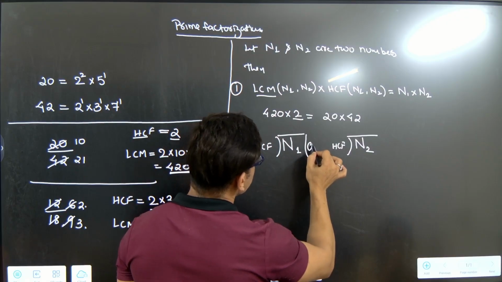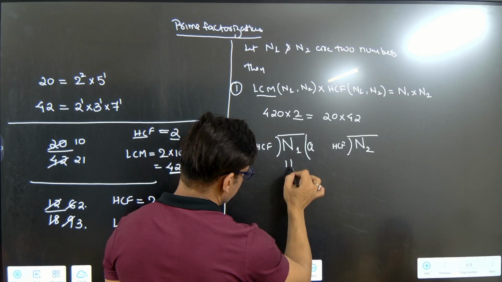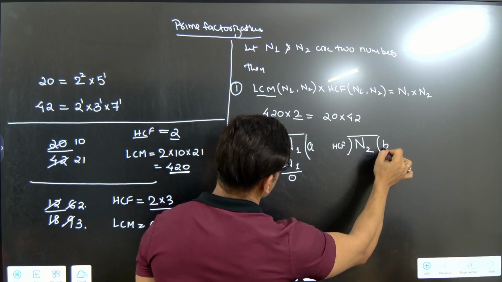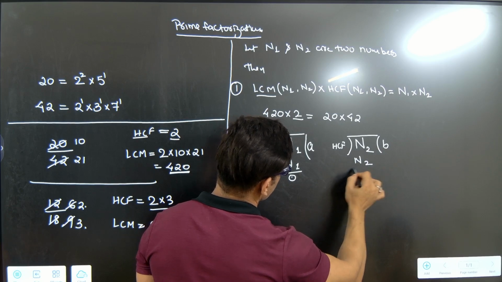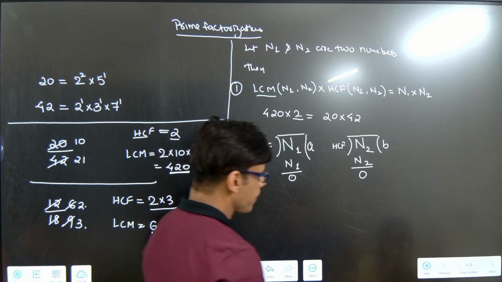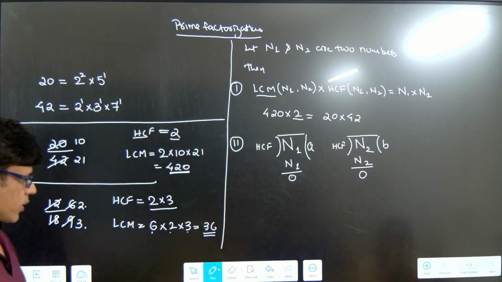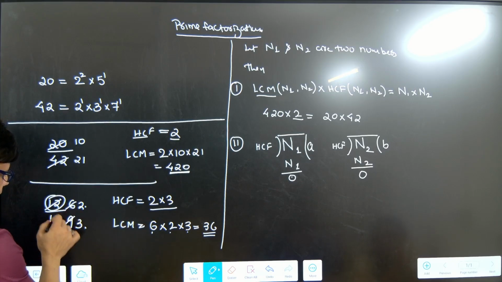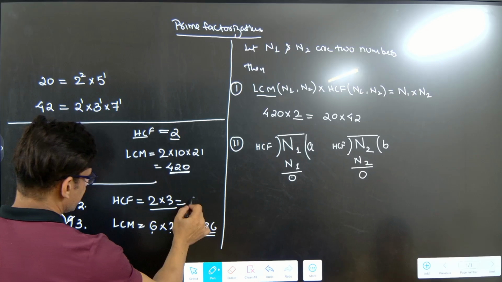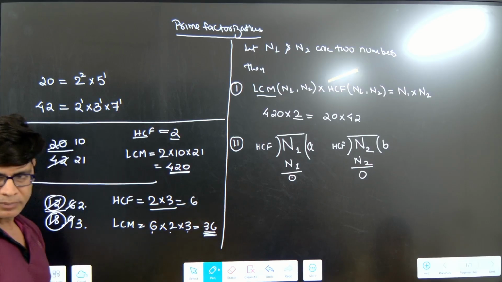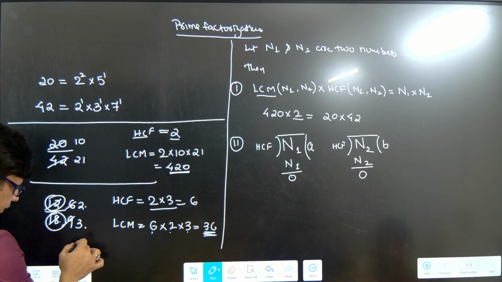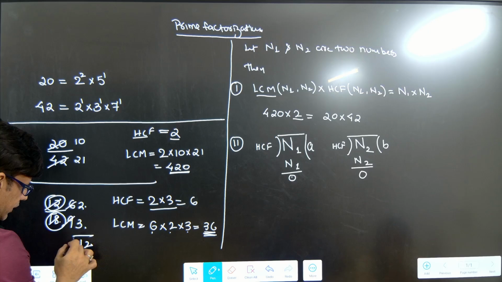It will completely get divided, and the remainder is 0. Always. For example, if you look at these two numbers, 12 and 18, HCF is 6, LCM is 36. Divide 12 with its HCF.